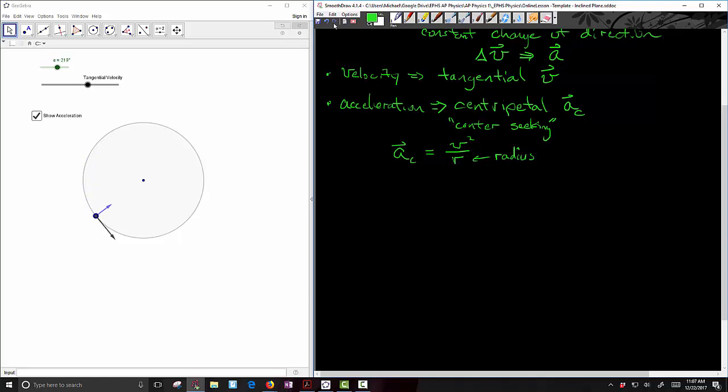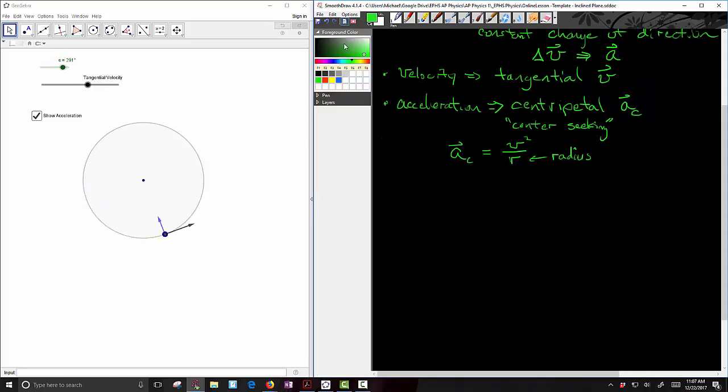So two things to note here: acceleration versus velocity, and acceleration versus radius. Let's look at acceleration versus velocity. As the velocity increases, the acceleration also increases, but it's the square, so we end up with a quadratic.